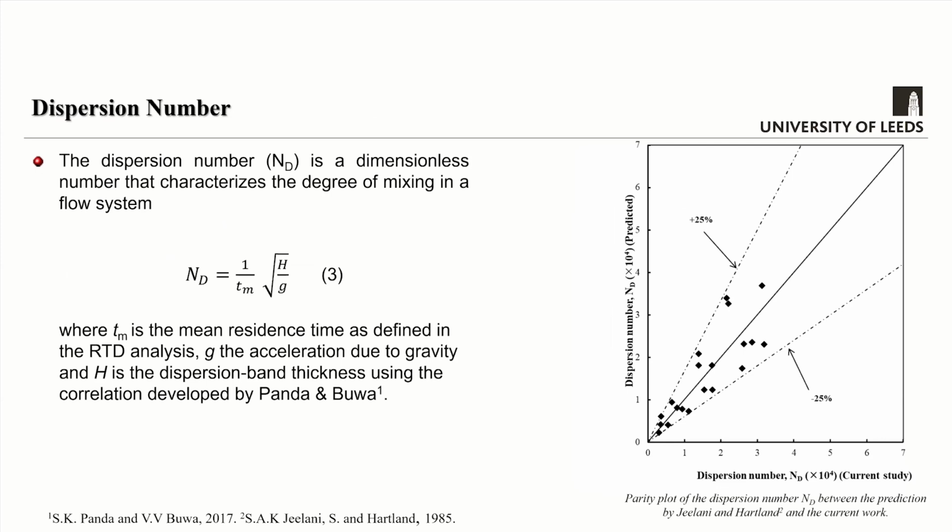In terms of the residence time, a very important number in liquid extraction is the so-called dispersion number, which for a gravitational settler is represented by the residence time divided by the square root of h and g. So h is the dispersion band, okay?